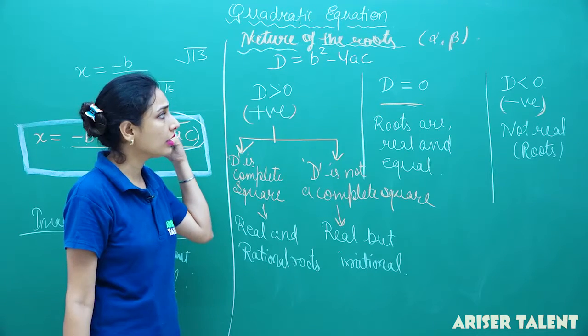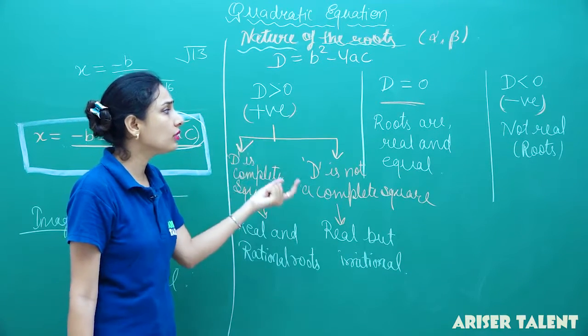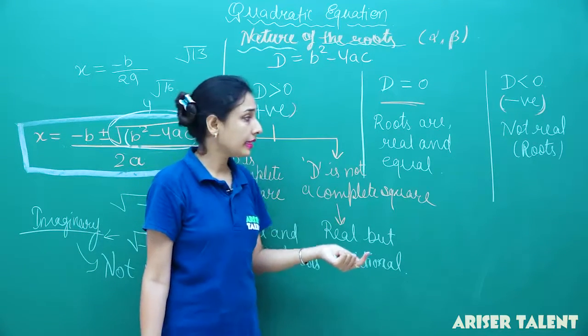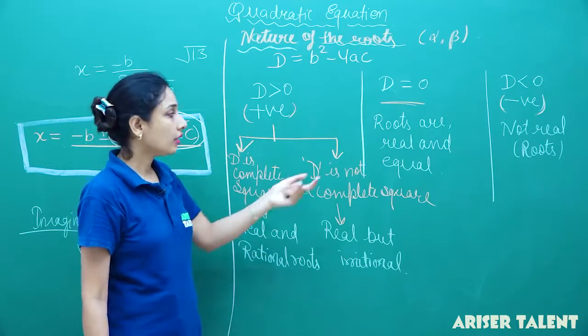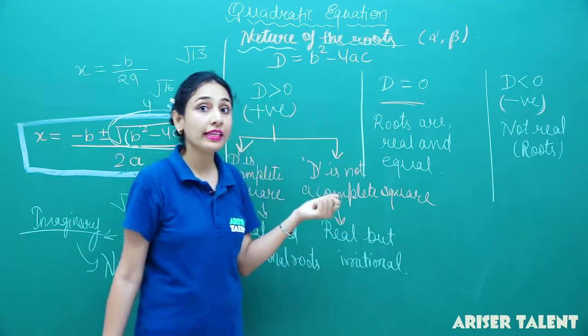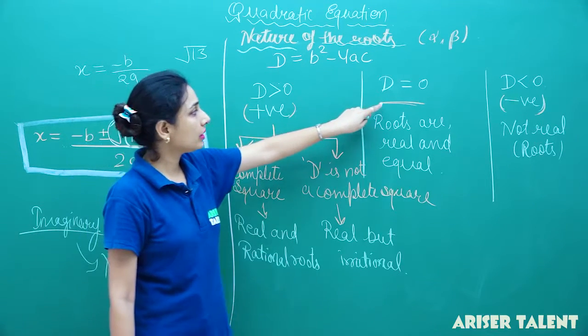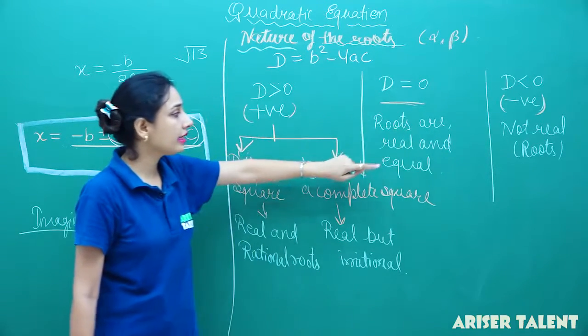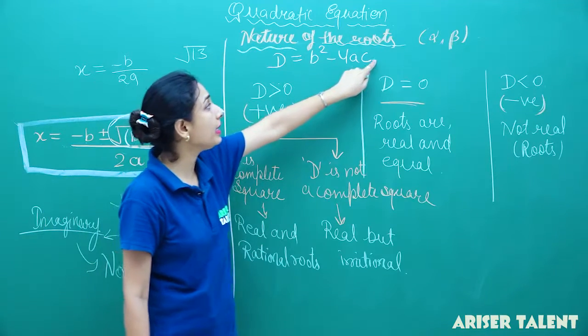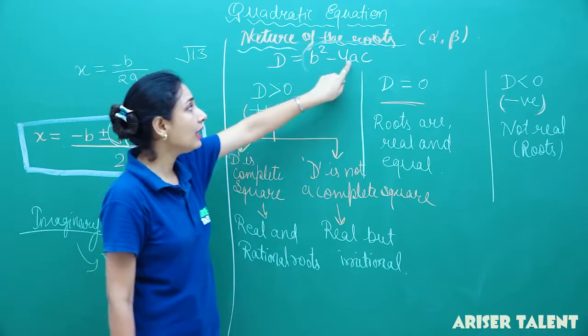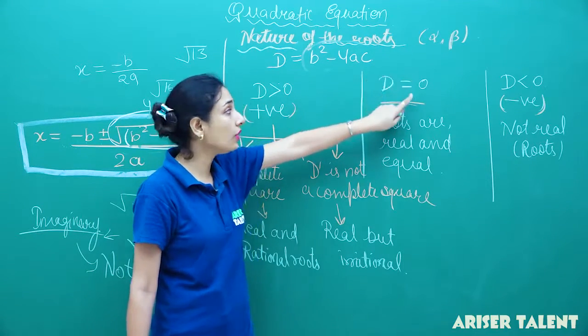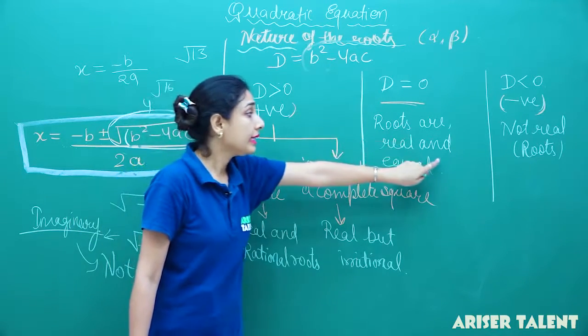Just like if you are given the question that the roots are real and equal, then find them. You don't have to do much. What will you do? You will just calculate this value. If this value is equal to 0, then the roots will be real and equal.